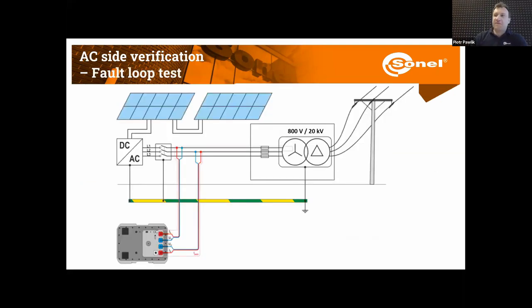Okay, so basically here I wanted to focus on the DC part of the installation, so I will not talk too much about the AC part. However, there's one issue that I would like to address. When we are checking the fault loop impedance, we need to check it to get the value of fault current. And if fault current is higher than the current triggering the breakers within a certain time, then the results are positive.